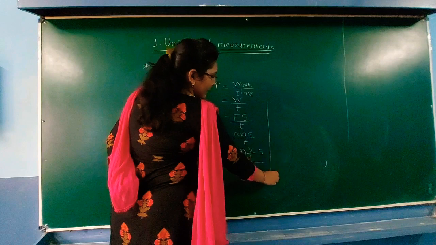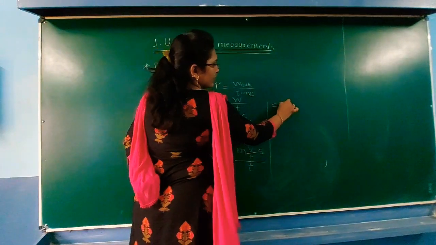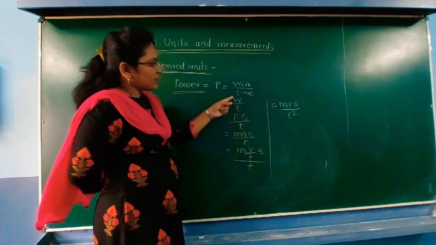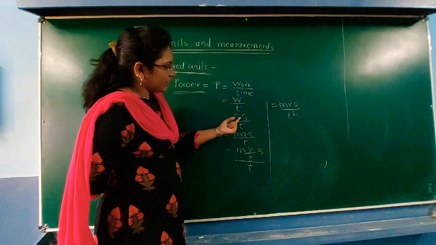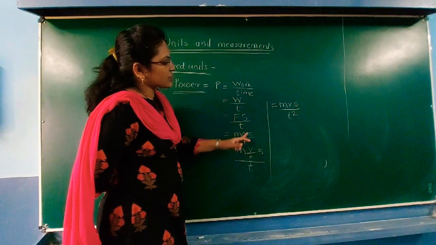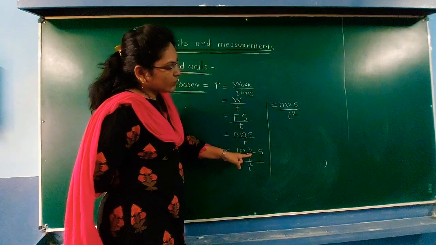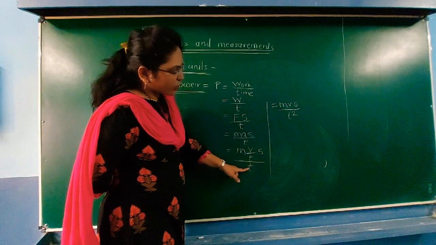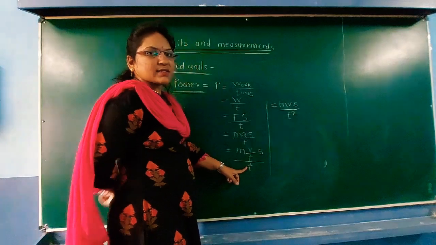Then it will become M V S upon T square. See here, work is equal to force into displacement upon time. What is force? Mass into acceleration, into S upon time. In place of acceleration, we have written velocity upon time into S upon T. Then this T comes to the denominator, and it becomes MVS upon T square.